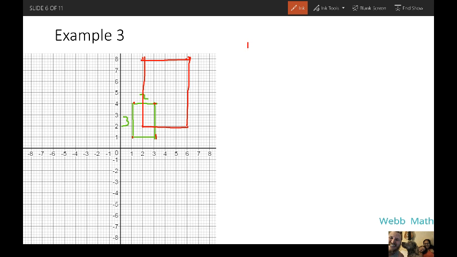And again, it's a dilation by a scale factor. And again, if you're lazy, use K to represent scale factor of 2, okay?